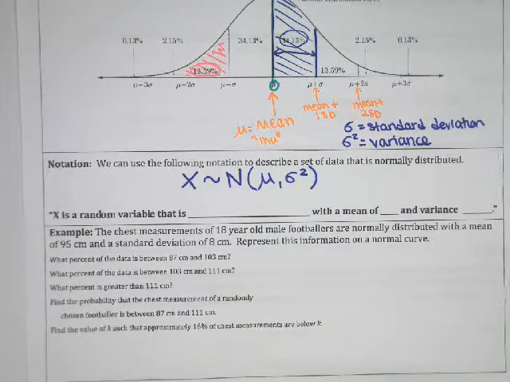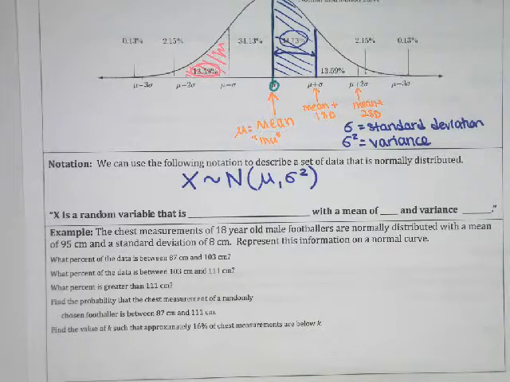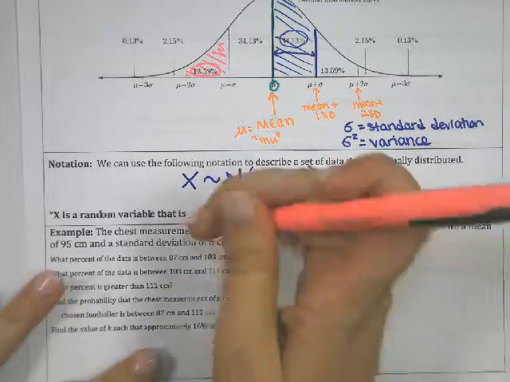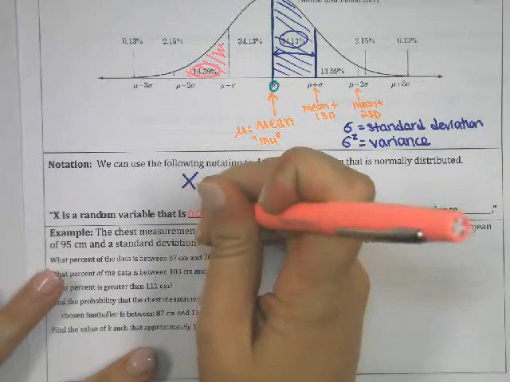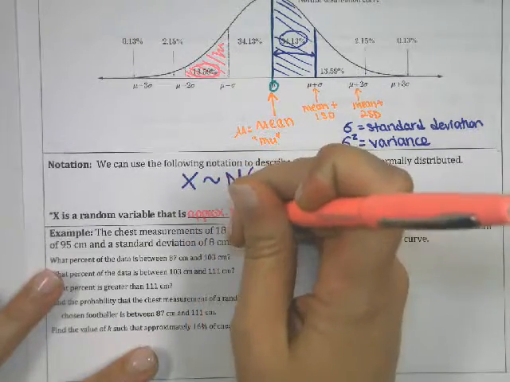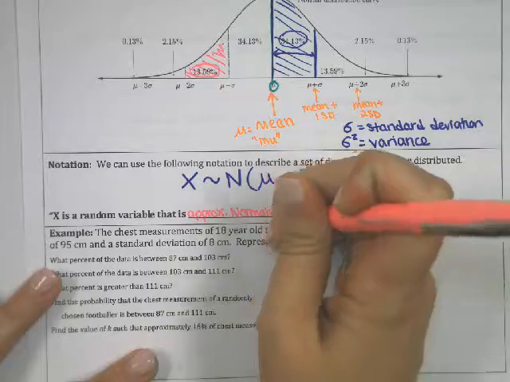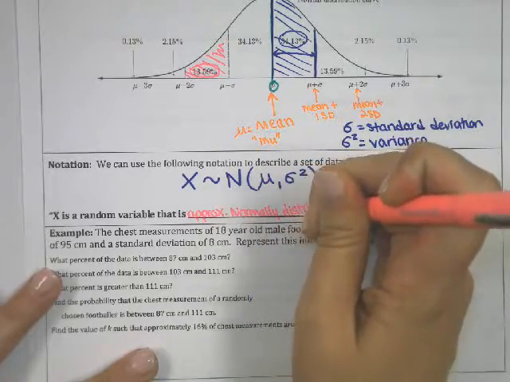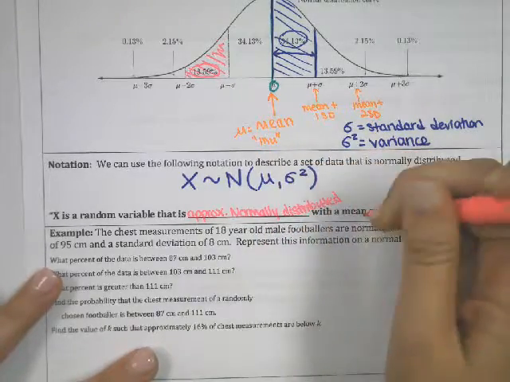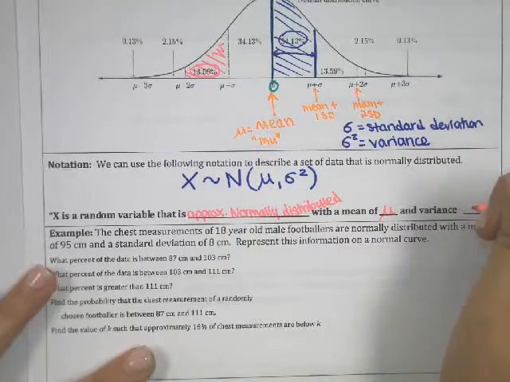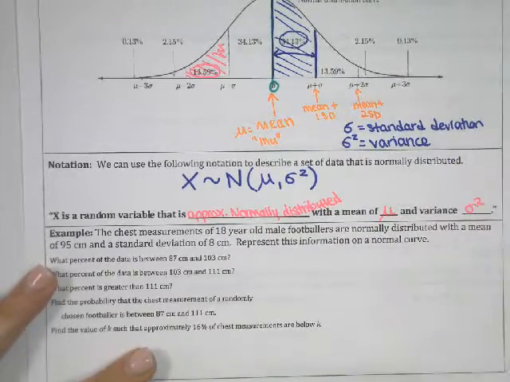So it's just kind of a notation. We would read this as x is a random variable that is approximately normally distributed with a mean of mu and a variance of sigma squared.